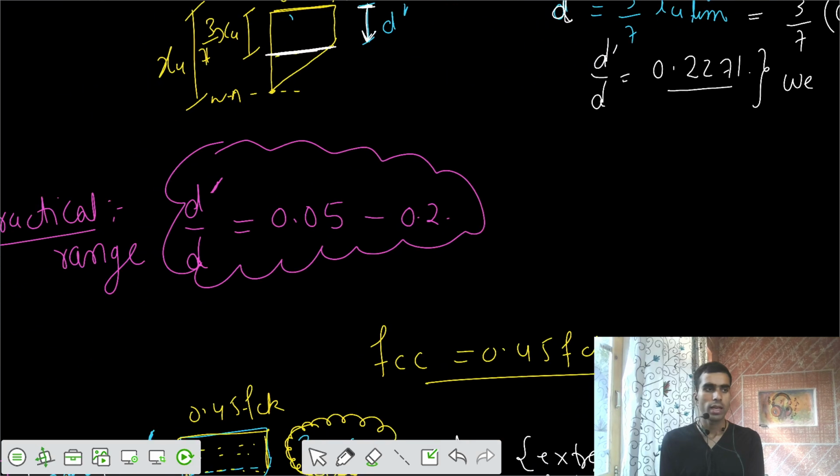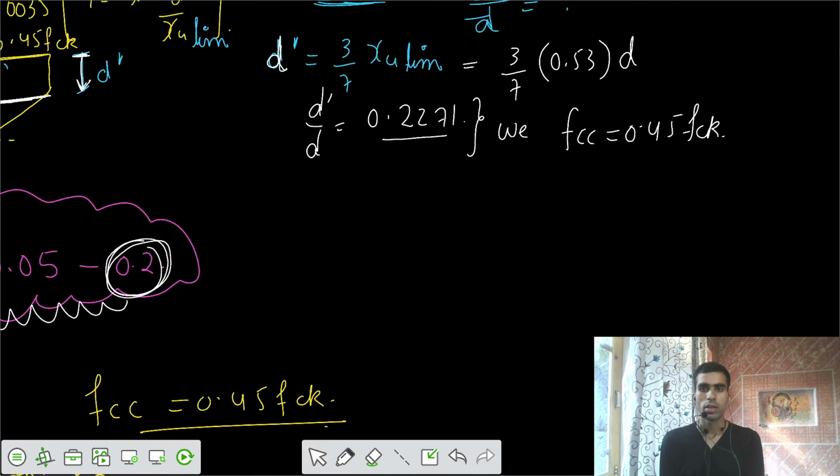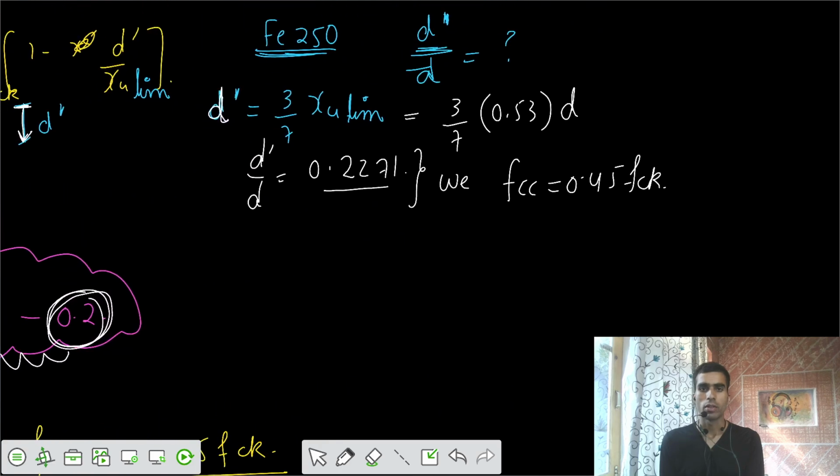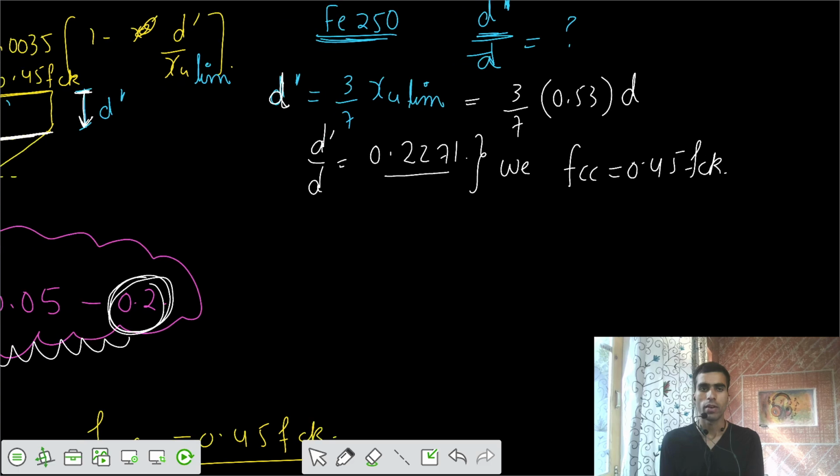Our general practical value of d dash by d is greater than 0.2, and based on that we take FCC as equal to 0.45 FCK.